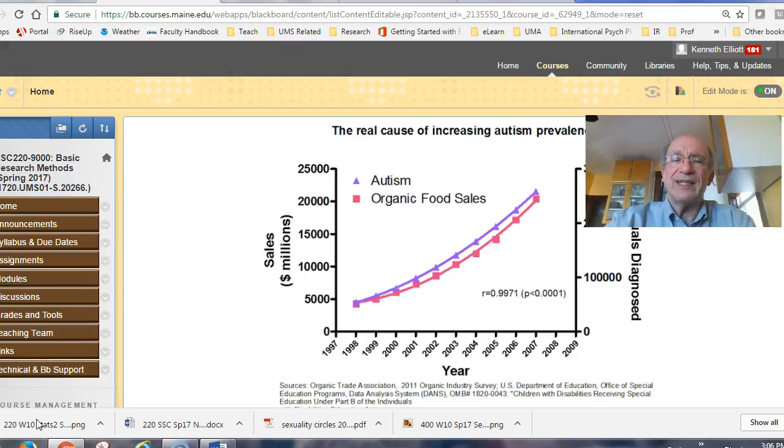The single statistic that you need to put into long-term memory is R. R is Pearson's correlation coefficient, and it's the numerical summary of the correlation. So you see an R on this page, for example, of 0.9971, and then you see a probability or p-value after that. Notice probability, it gets back to the question of prediction.